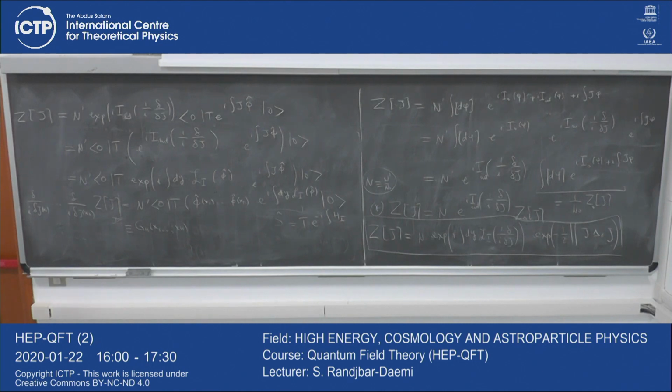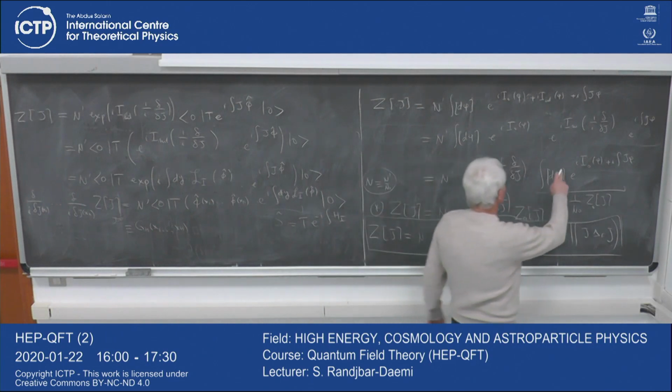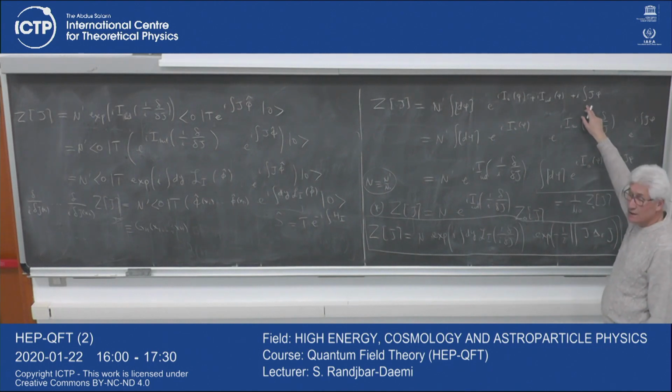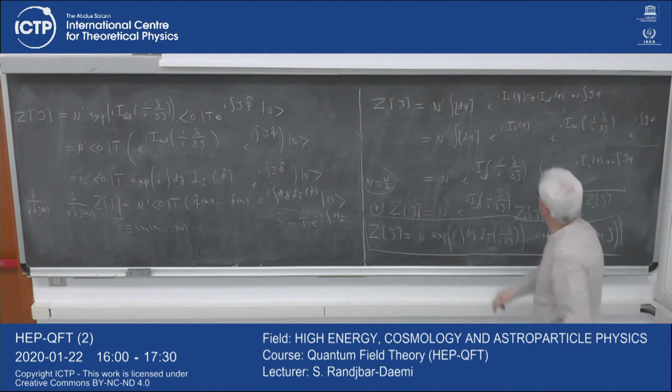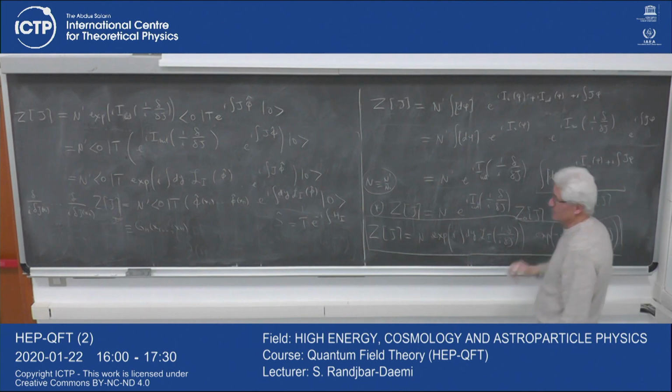Okay, now just to complete this line, let's come back here and note that I'm differentiating z with respect to j n times. So I might as well do it here. If I do that, again I bring n factors of phi.